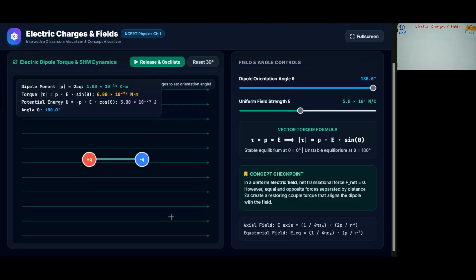Now I will set the value theta equal to 30 degrees and click the release and oscillate button.